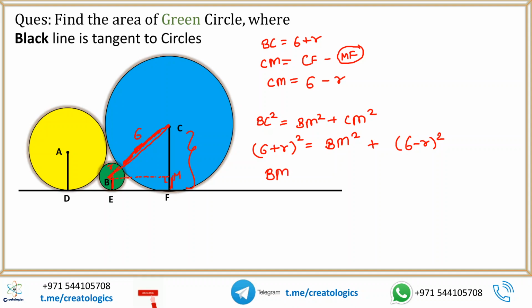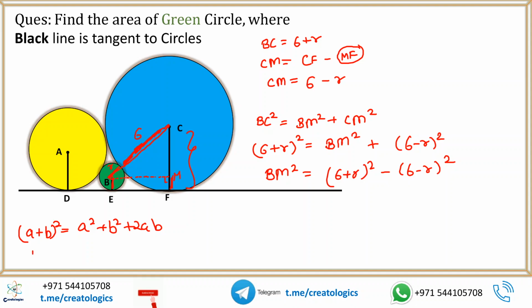Take all the terms to one side, keeping BM squared on one side. So we will get (6 plus r) whole squared minus (6 minus r) whole squared. Solve it. We know the identities: (a plus b) whole squared gives a squared plus b squared plus 2ab, and (a minus b) whole squared is equal to a squared plus b squared minus 2ab.